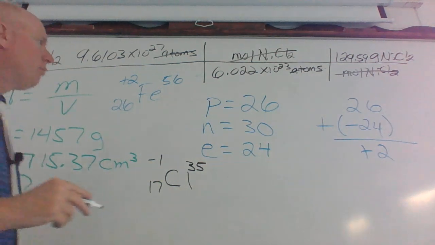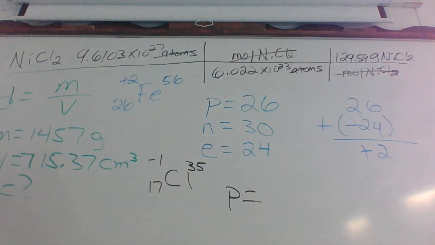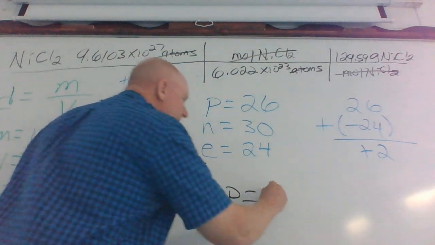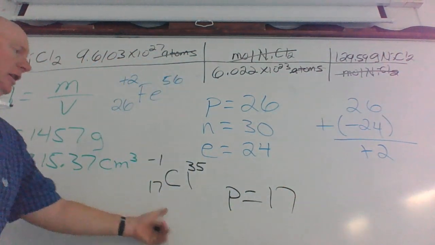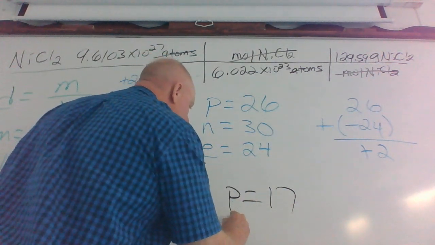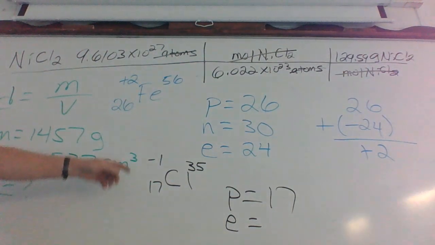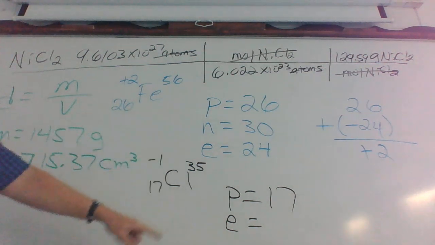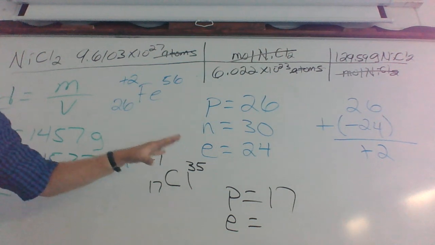Okay? So, protons. What does chlorine have for protons? 17. It tells you that right here. On any element on the periodic table, the atomic number is the number of protons. How many electrons does it have? We're kind of switching this up. You notice we did protons and neutrons. Now we're going to do protons and electrons. The overall charge is what?